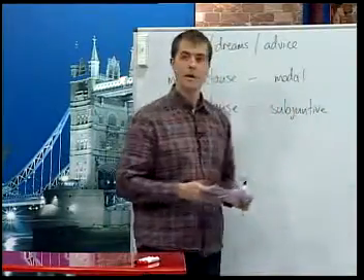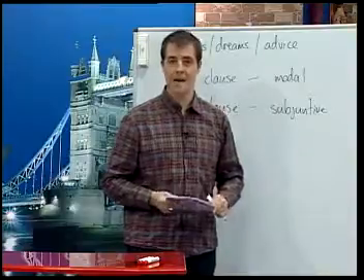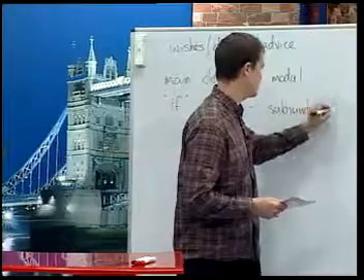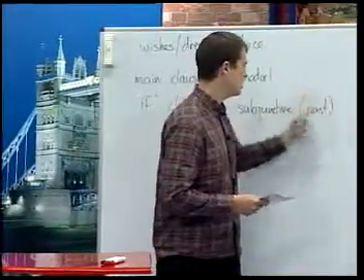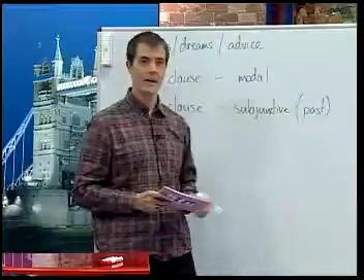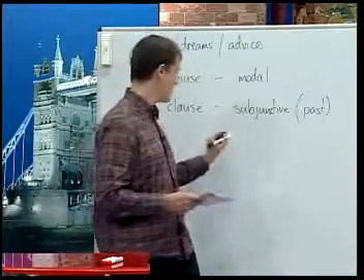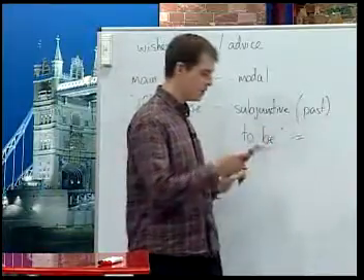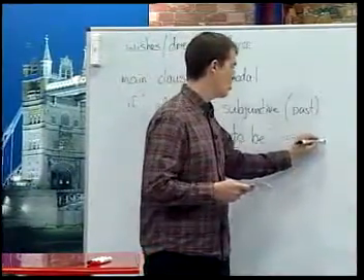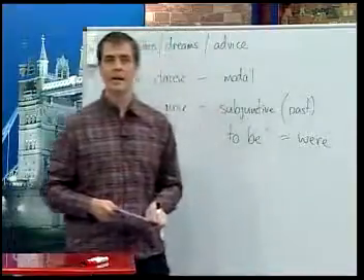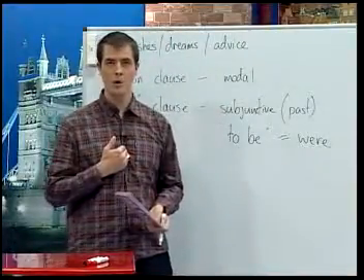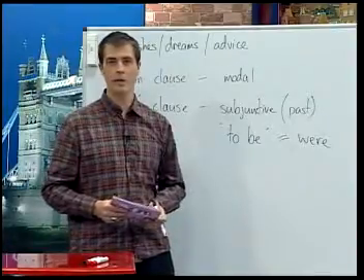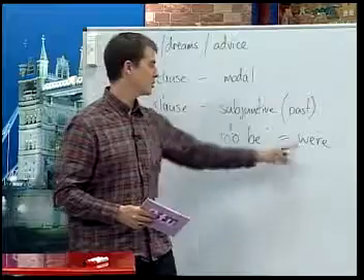This is usually the same as the past tense, but for the verb to be, we always use were. So we can say, if I were, if you were, or if he, she, or it were. We don't have to change to am or is, just were.